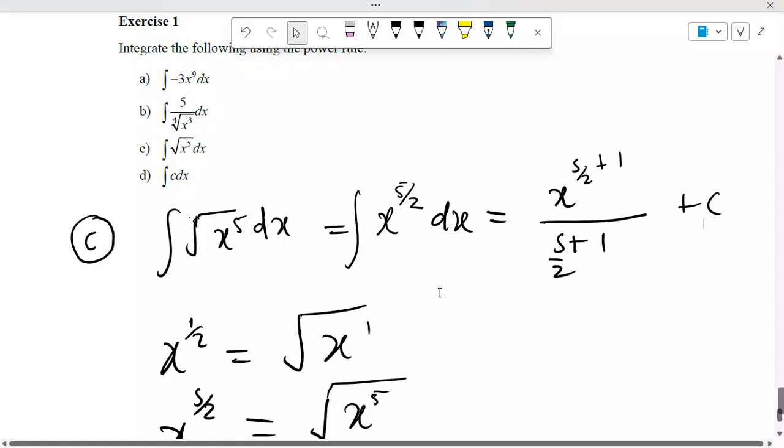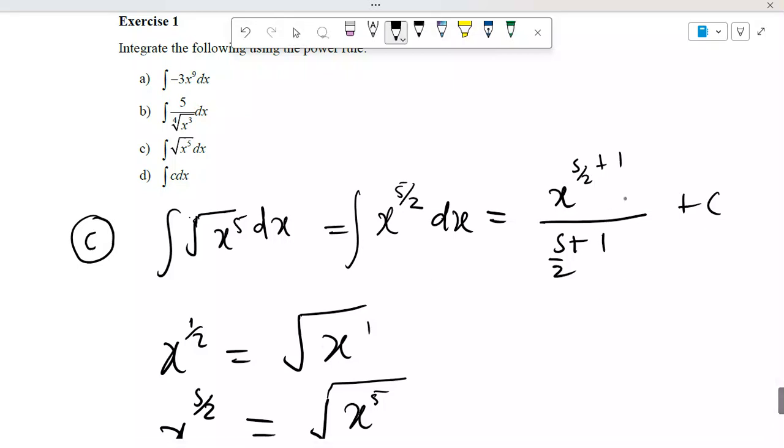So this equals, let's do a little bit of arithmetic. We have 5 over 2 plus 1, so this is over 1. We find a common denominator, which is 2.